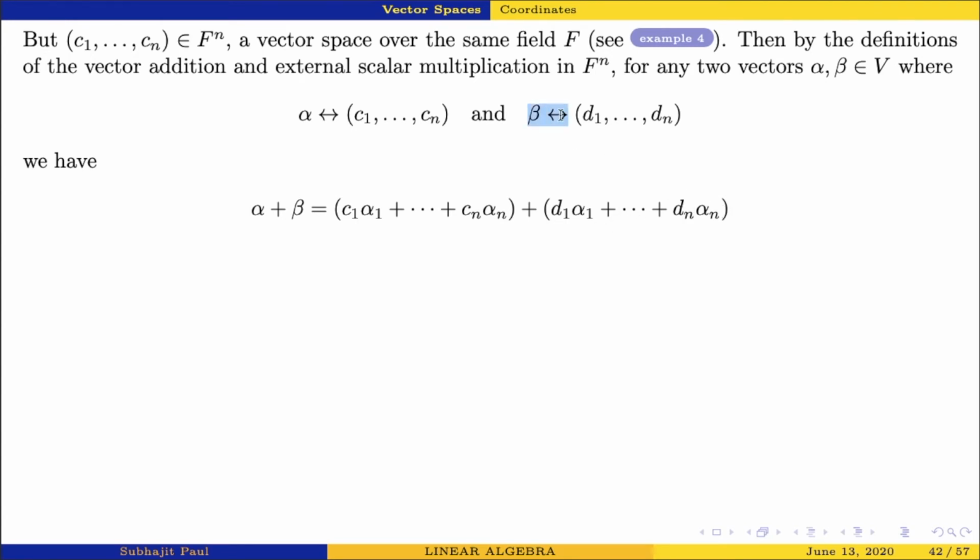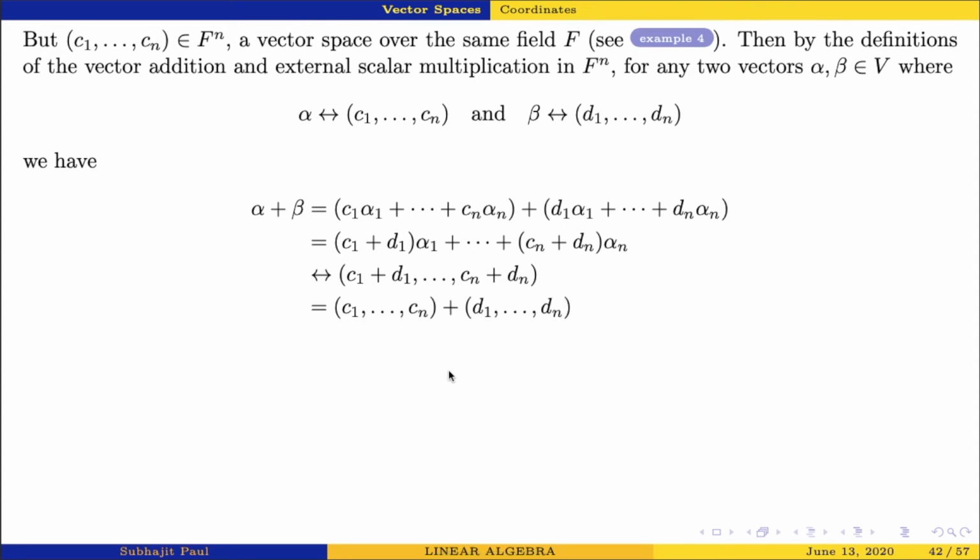Then, clubbing the scalars vector-wise, we have (c1 plus d1) times alpha 1, (c2 plus d2) times alpha 2, and up to (cn plus dn) times alpha n. This corresponds to the vector (c1 plus d1, c2 plus d2, up to cn plus dn) in the vector space Fn. According to the rules of addition in Fn, this is the same as the sum of the points (c1 up to cn) and (d1 up to dn).